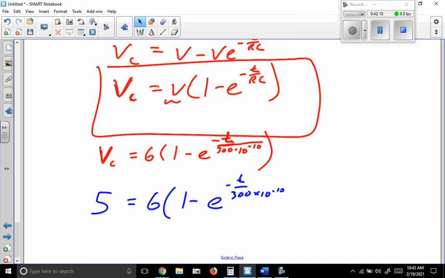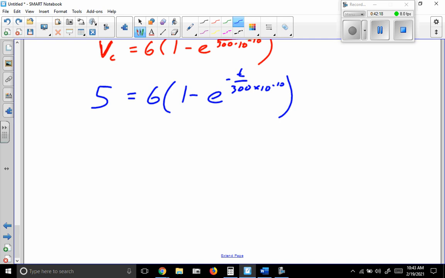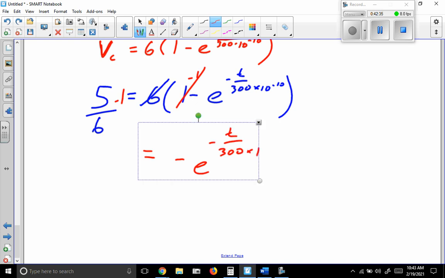So we just need to solve this equation. We need to divide both sides by 6 first. If we divide by 6, we'd have 5/6 on the left. Then let's subtract 1 from both sides. So the 1s are gone. That's going to give us negative e to the negative t over 300 times 10 to the negative 10.